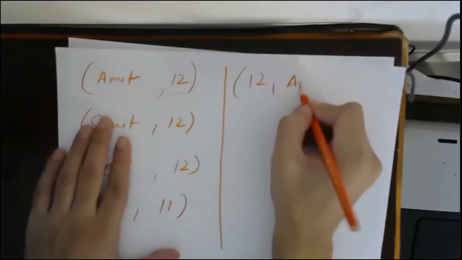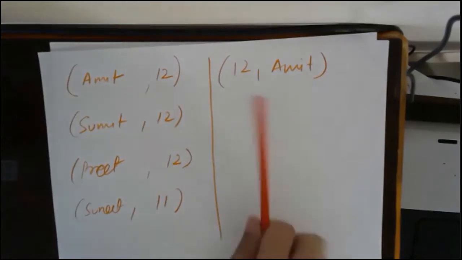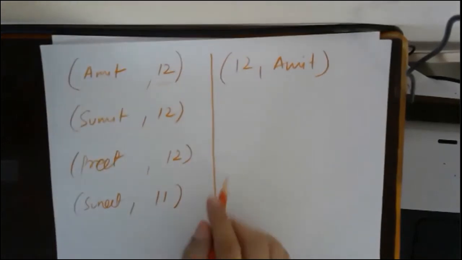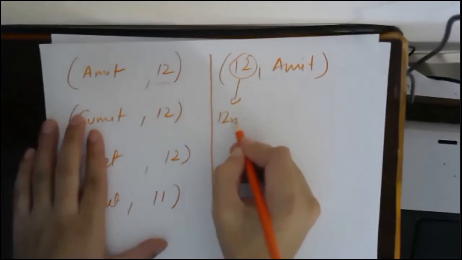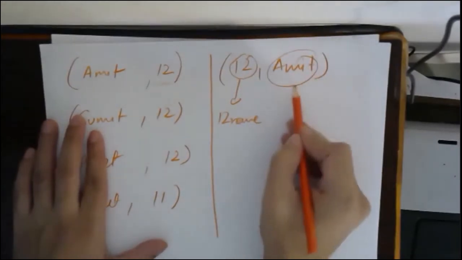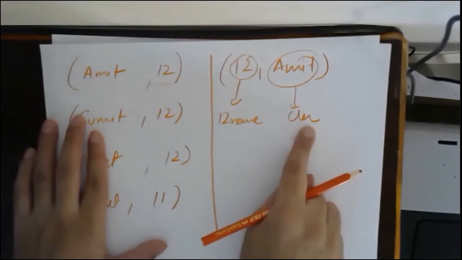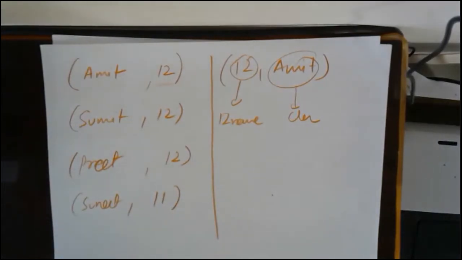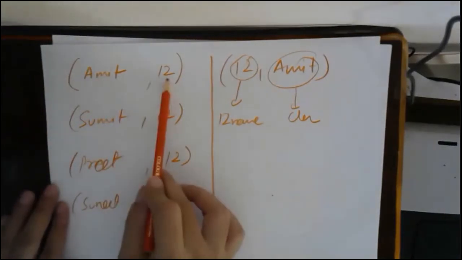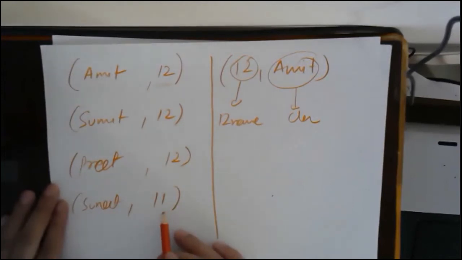If in the same representation somebody has written 12 comma Amit, then how will I read this? 12 would be the name of a person, and Amit would be a class. That means 12 is from Amit class. Amit was from 12th class, Sumit was from 12th class, Preet was from 12th class, Suneet was from 11th class.